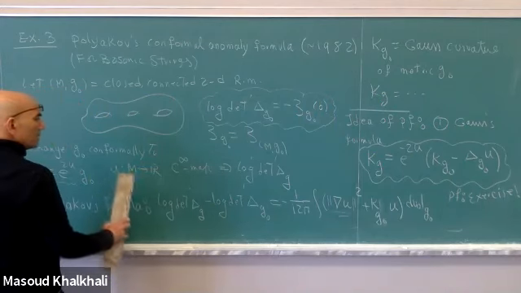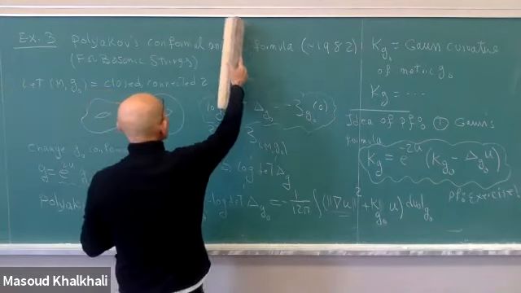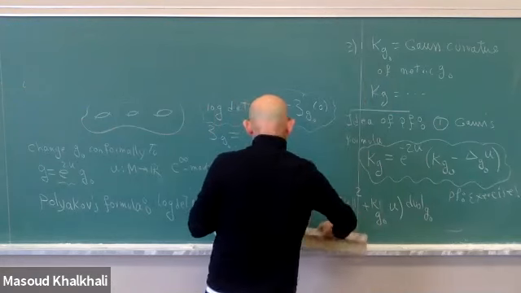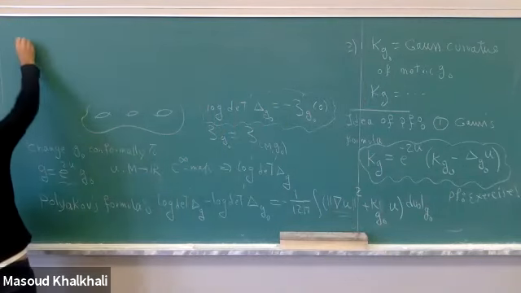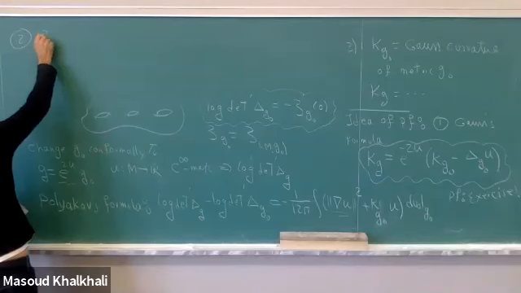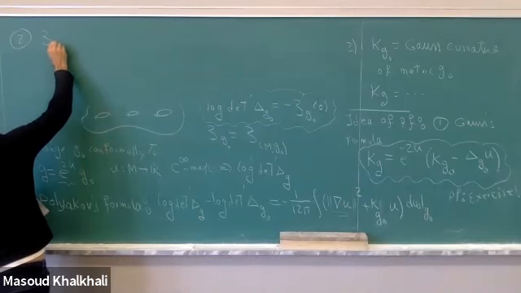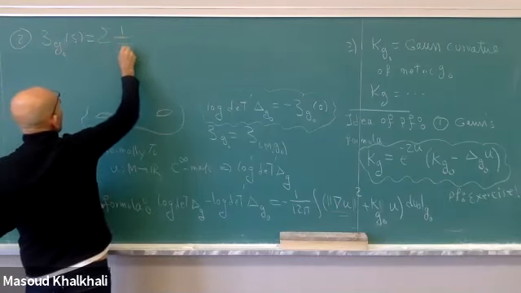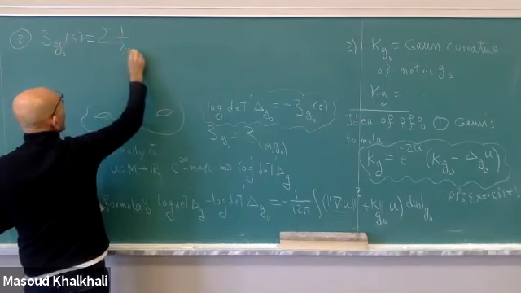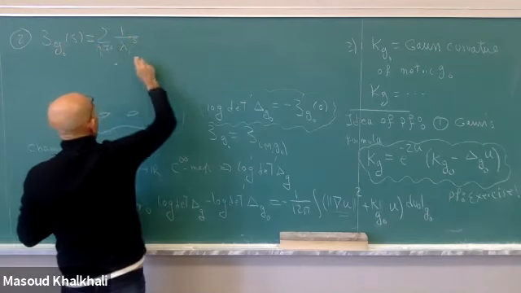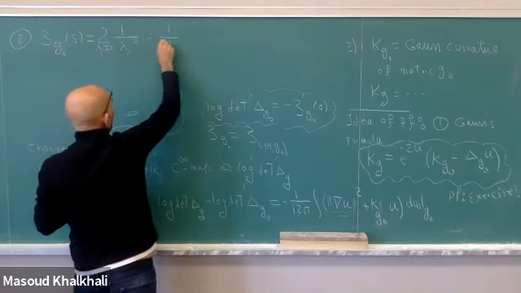So let me write it here. Second idea. Zeta G0 of s, remember this was the sum of 1 over lambda_i to the s, over lambda_i different from 0, and this is equal to 1 over gamma of s.